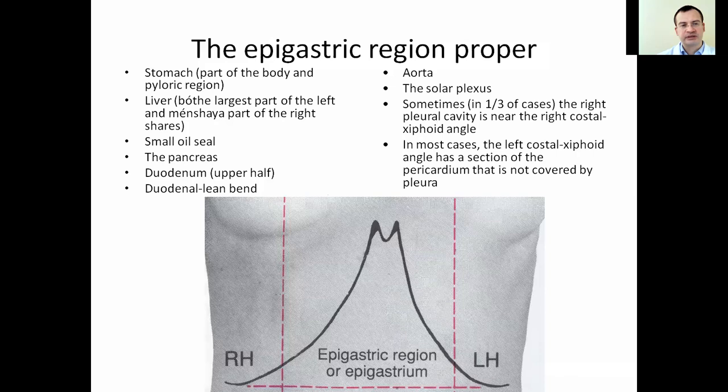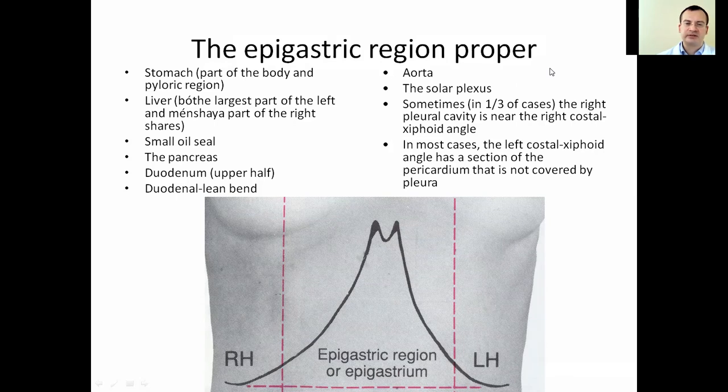Projection of organs. The epigastric region proper: stomach, part of the body and pyloric region, liver, small omentum, the pancreas, duodenum, its upper half and duodenal flexure, aorta, the solar plexus.